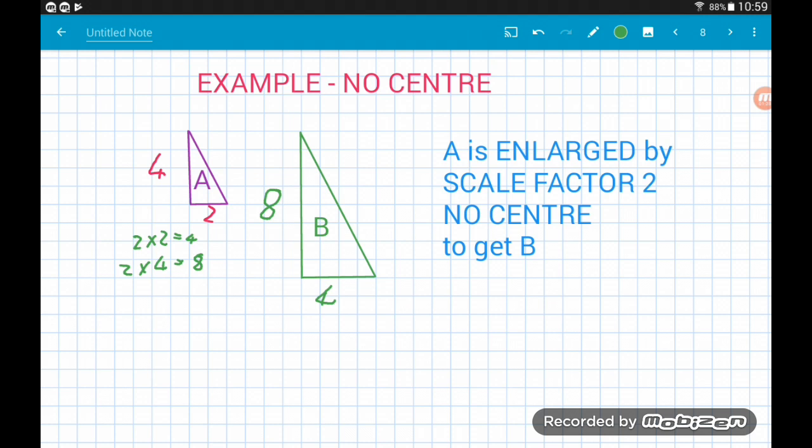That's the important difference between having a centre and not having a centre, is that a centre strictly dictates where the enlarged shape goes. When there's no centre, it can go anywhere it wants to. Okay, cool.